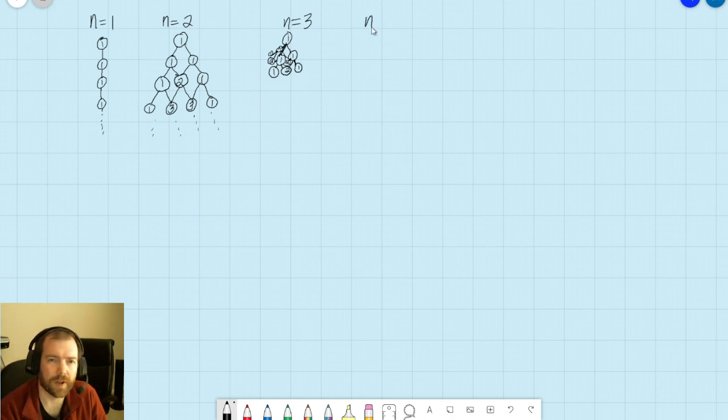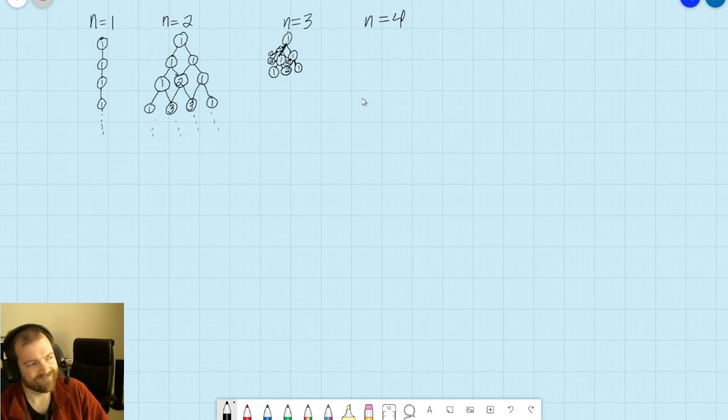this is when we start running into some problems, though. When we start looking at n equals 4, how exactly are you supposed to write a 4-simplex?